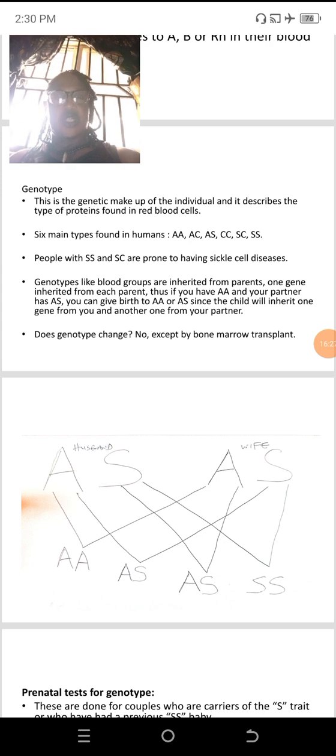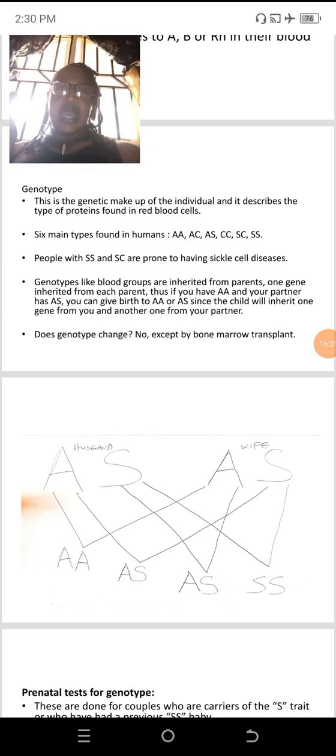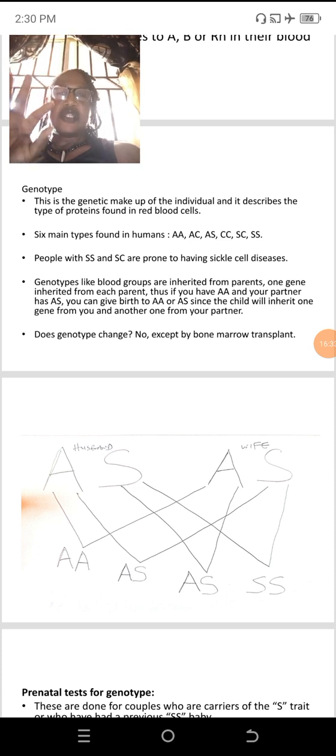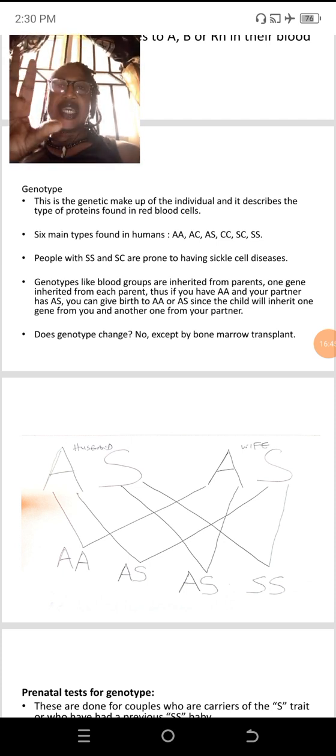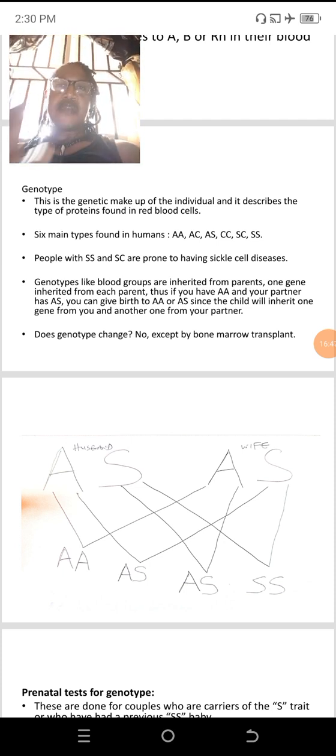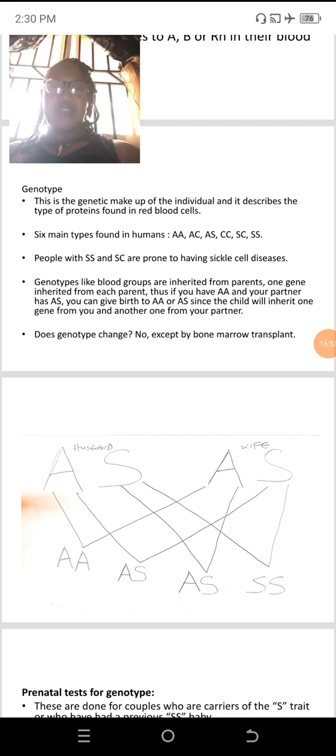This risk is only for a particular pregnancy. But understand that I'm not saying that if the couple have 4 children, maybe only one will be SS and the others will be either AA or AS. No, this risk is described for each pregnancy. Okay, let's understand that very, very well.